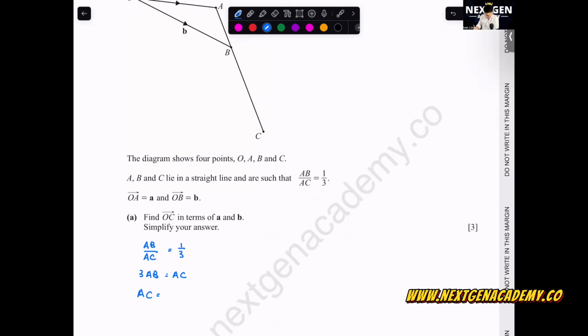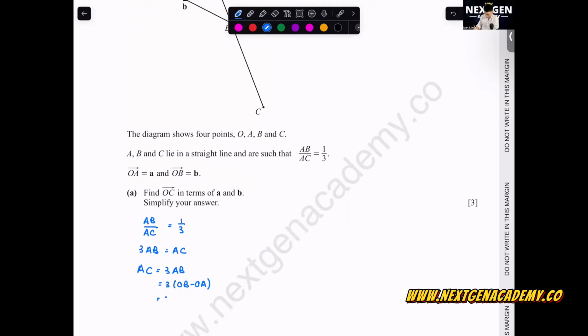AC, can I say AB, we can write it as OB minus OA, right? This is according to the position vector, which is b minus a. So we can write it as 3b minus 3a.